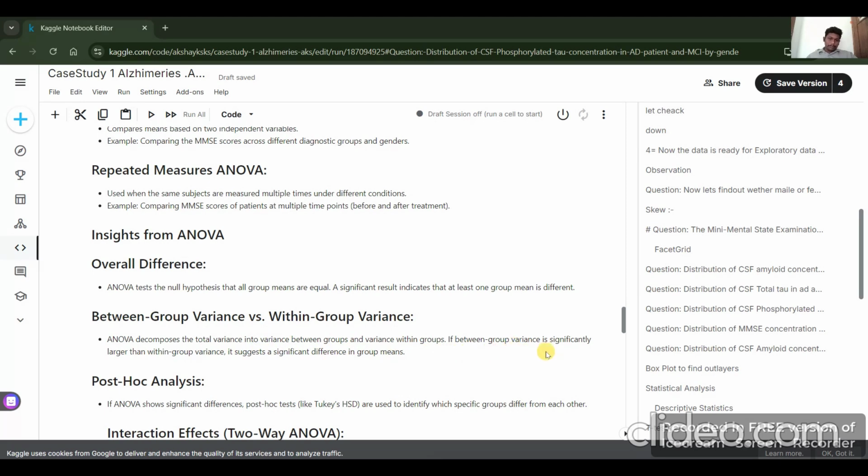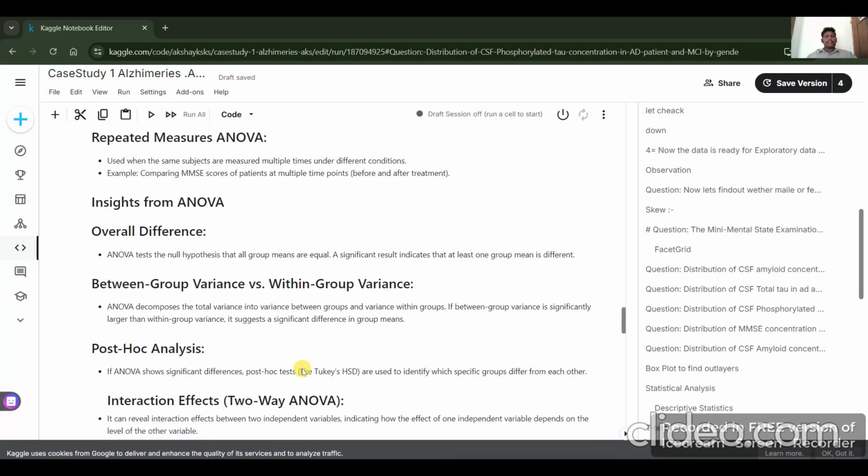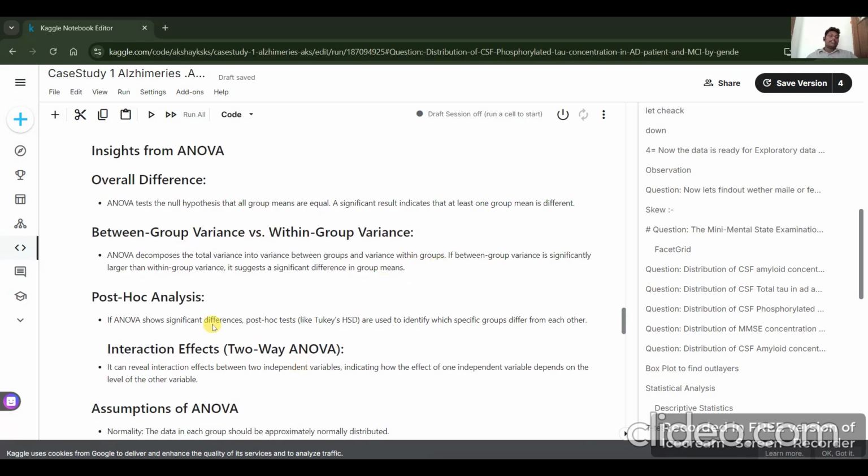If between-group variance is significantly larger than within-group variance, it suggests a significant difference in group means. Post hoc analysis: if ANOVA shows a significant difference, post hoc tests are used to identify which specific groups differ from each other.